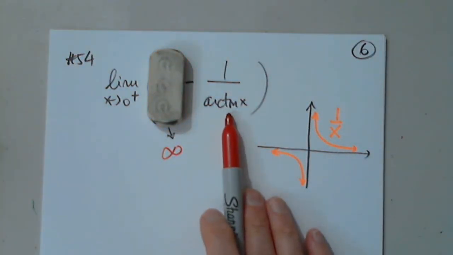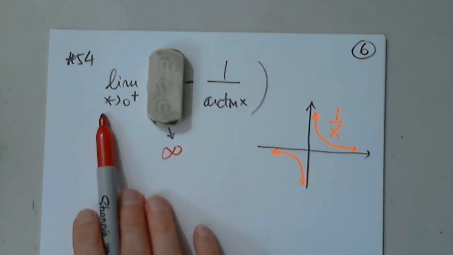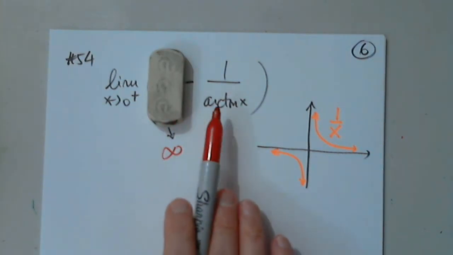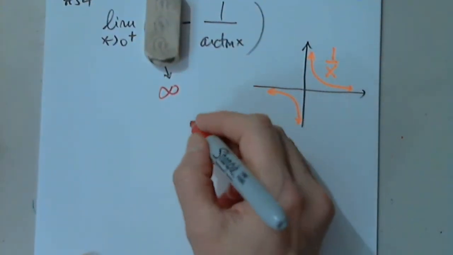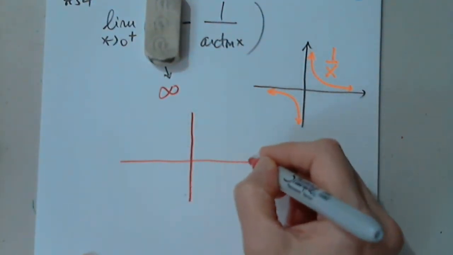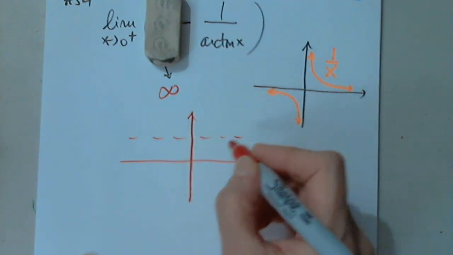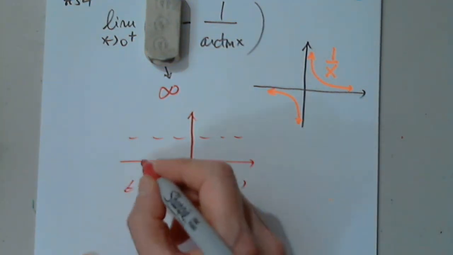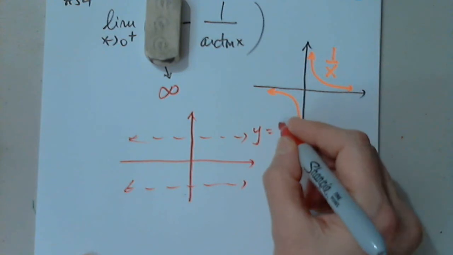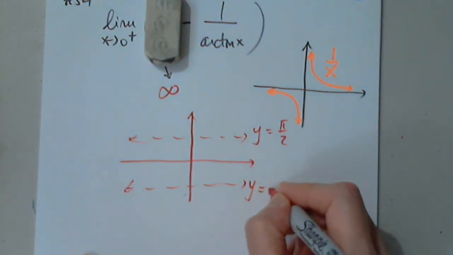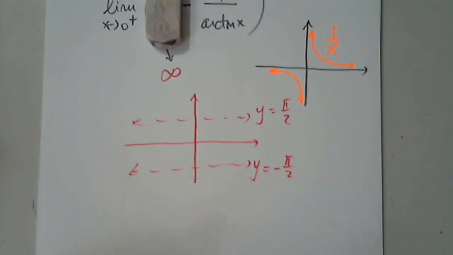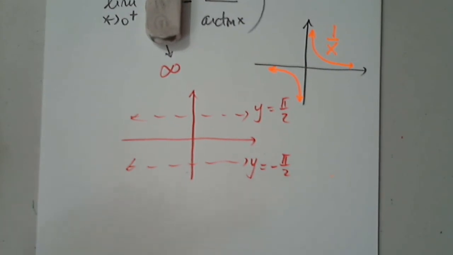Now, as x approaches 0 from the right, where is arctangent? Please remember the graph. We graphed it many times. We graphed the graph of arctangent, which has two horizontal asymptotes, y equals pi over 2, y equals negative pi over 2. And it kind of looks like the cube root. No, not really.